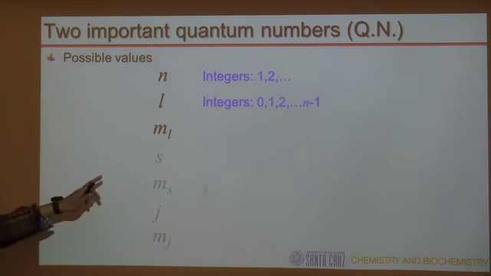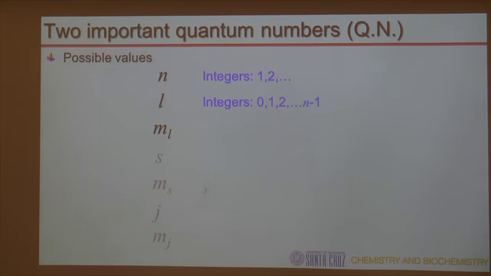And how about mL? Should mL also be integers? Yes. And they are from what to what? Since this is about symmetry about 0, you have 1, you have minus 1.